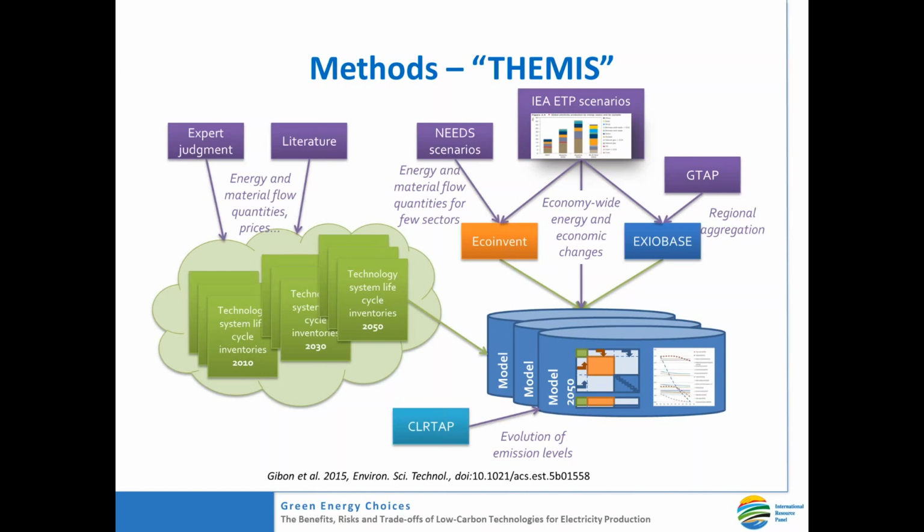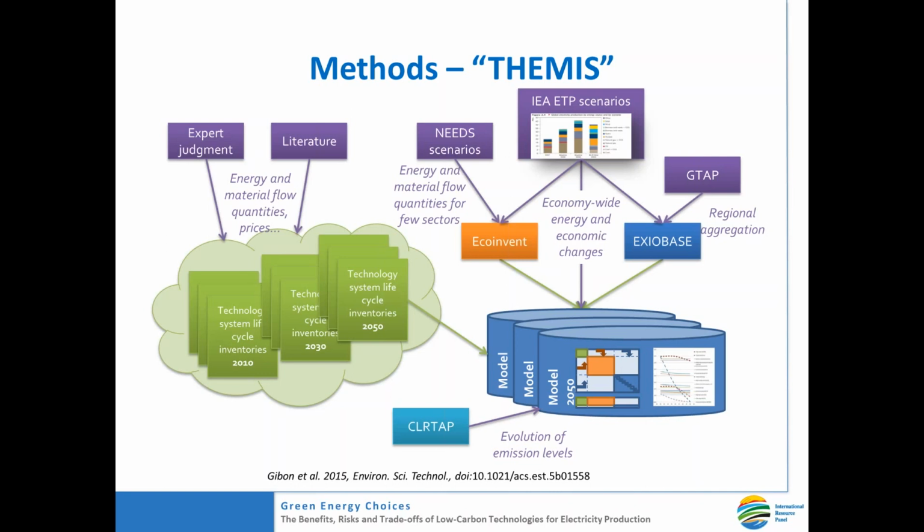So we take into account a certain technological improvement that is in line with the IEA scenarios and the improvements in energy efficiency and utilization of the technologies that are foreseen in those scenarios.